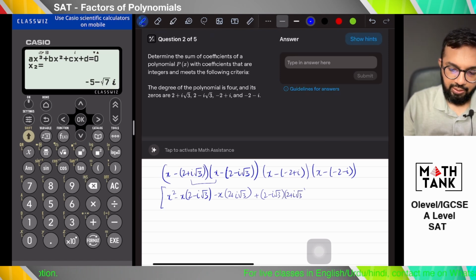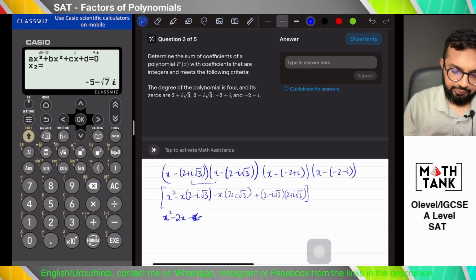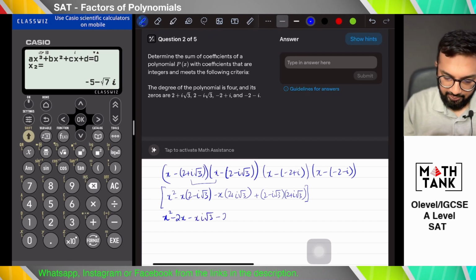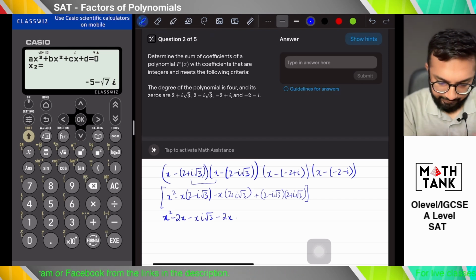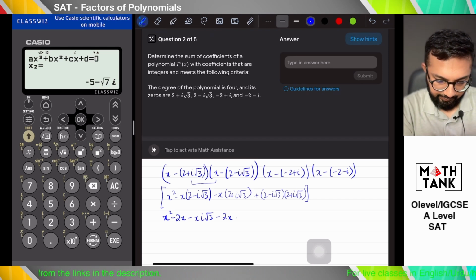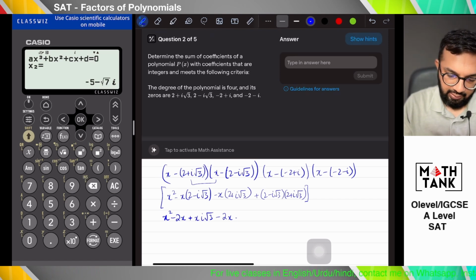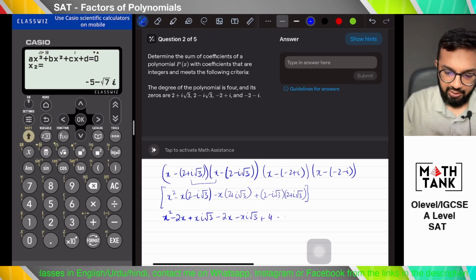So I'm going to do this step by step. Minus 2x, minus xi root 3, minus 2x. That's going to be plus, and that's going to be minus. And then this is going to be 4 minus i root 3 squared.